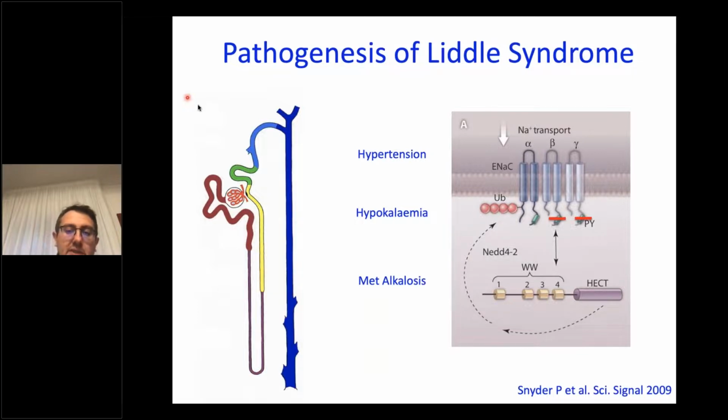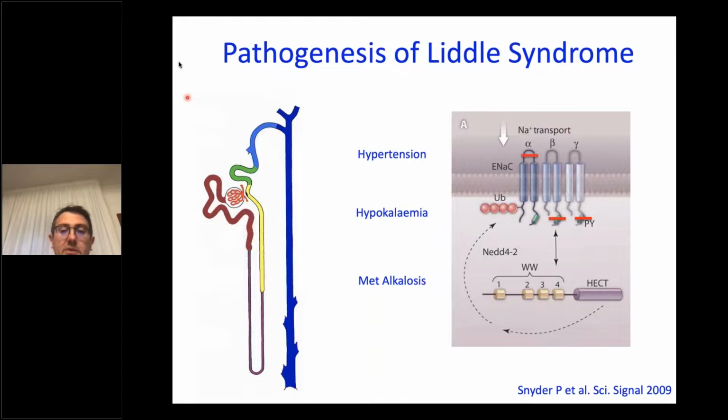The majority of these mutations causing Liddle syndrome interfere with this PY motif here in the intracellular loop, and so prevent the NEDD4 ubiquitination of the transporter, and so its endocytosis.